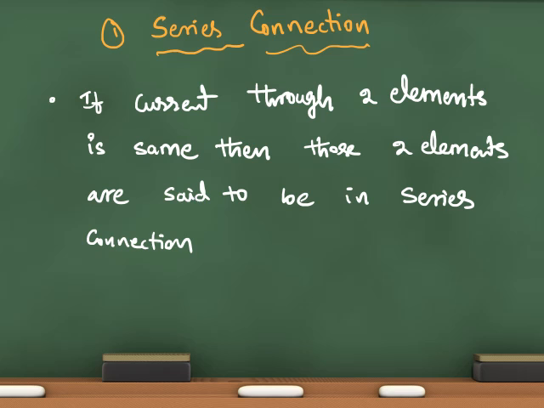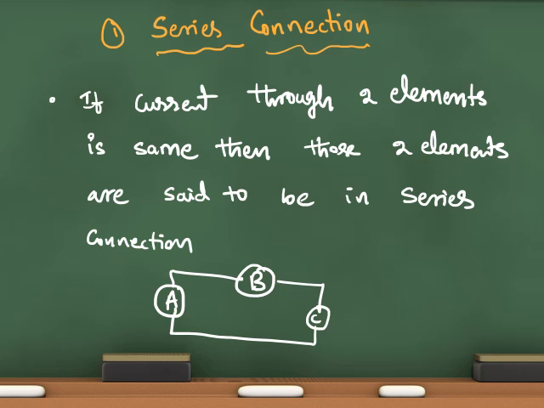What exactly is it? Suppose I have element A and element B, and from here element C and element D here. By seeing this, the current through A and B is the same, right? That's why it is called A and B are in series.